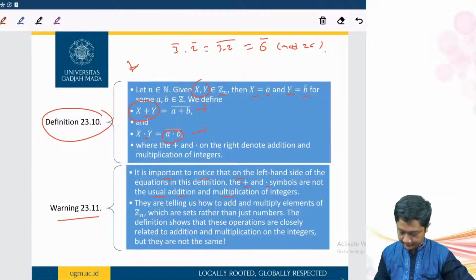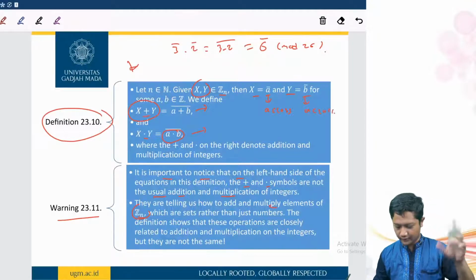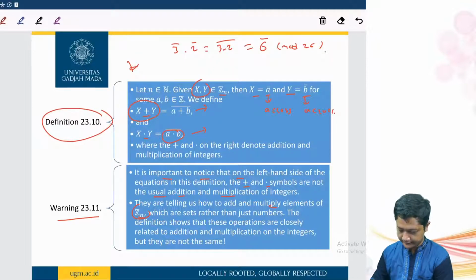We only say how to add and multiply elements of Cn. So this one looks like a number, but actually we have a class here. This one is a set, this one is also a class, not really a number.